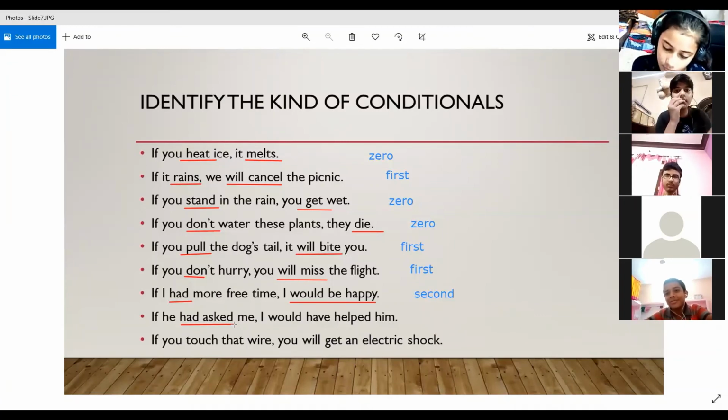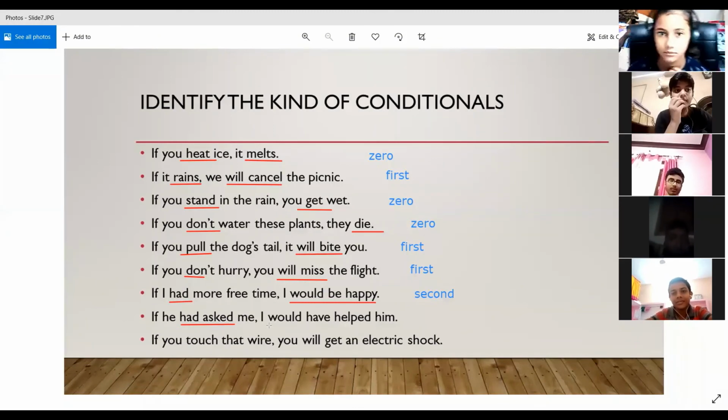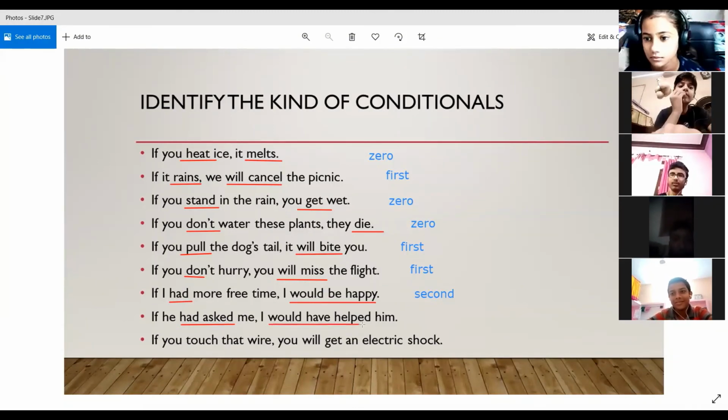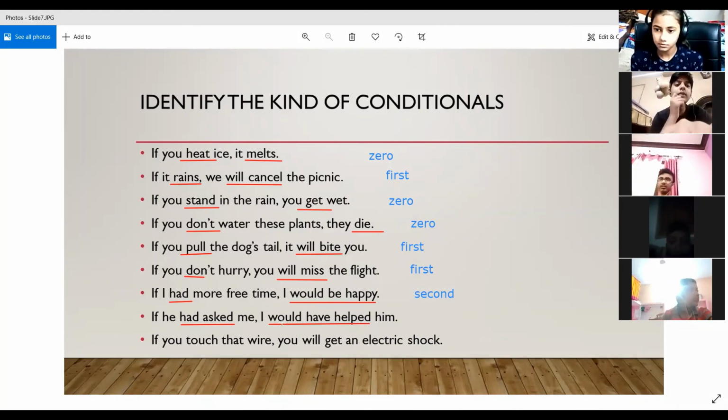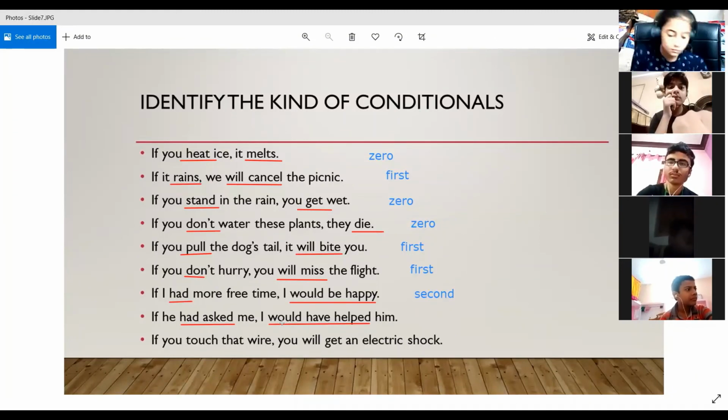See, had asked has been used, which is the past perfect form of tense, right? And I have told you that in the main clause would have and the third form of the verb has to be used, and the third form of the verb help is helped. So this is the construction of the third conditional. Here they are giving the condition in the past: if that person had asked me, then I would have helped him.